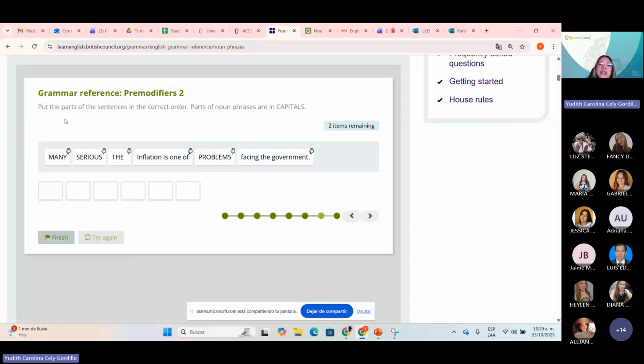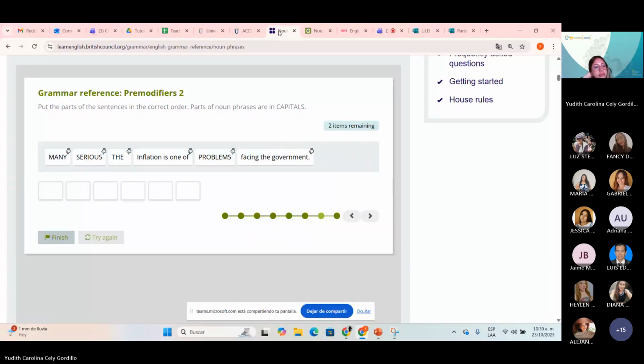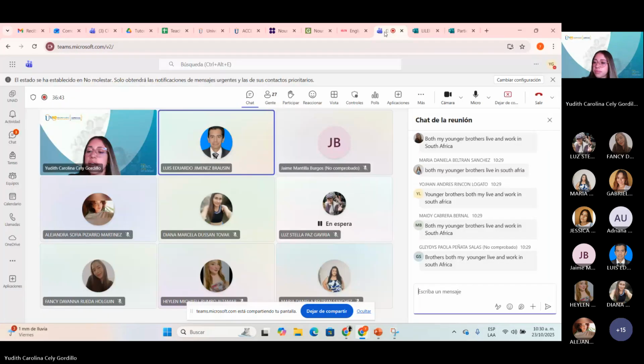What is the second? What is the third? This is 1, 2, 3, 4, 5, 6 words. This is a long statement. What do you think is the order?